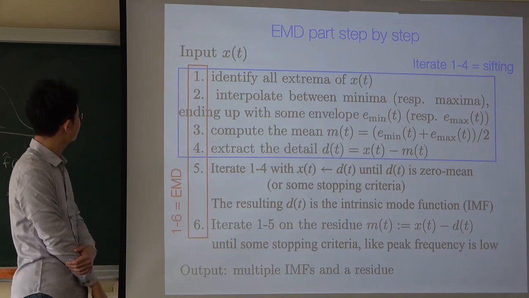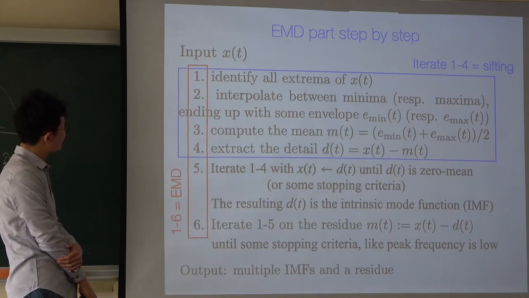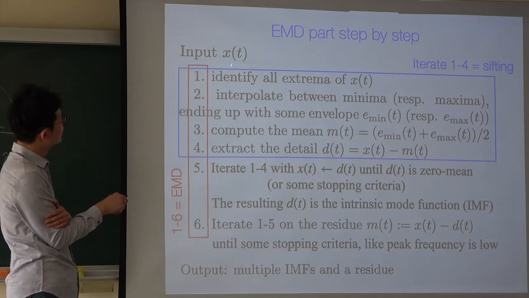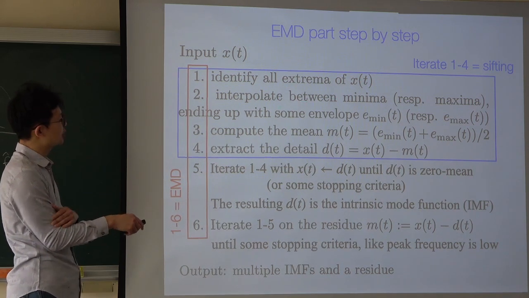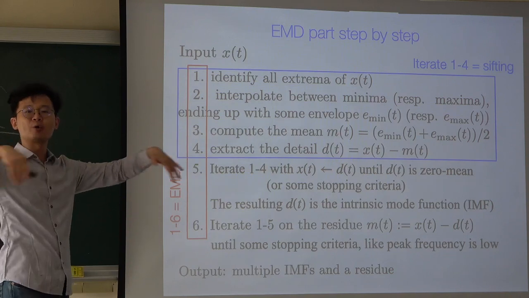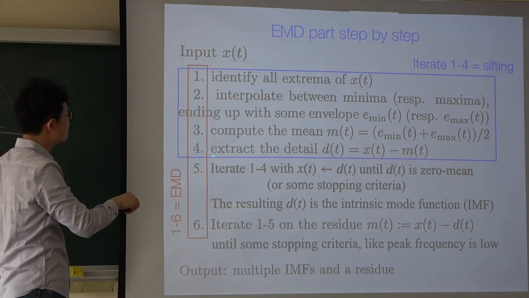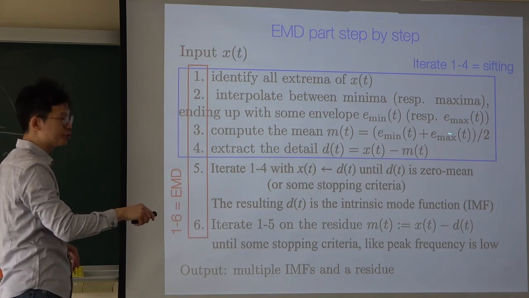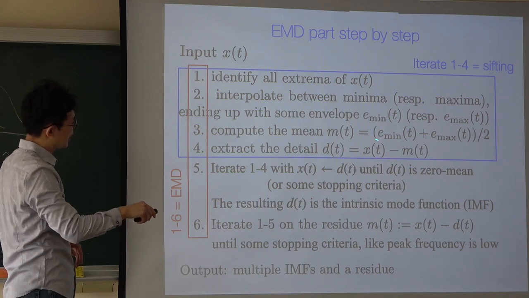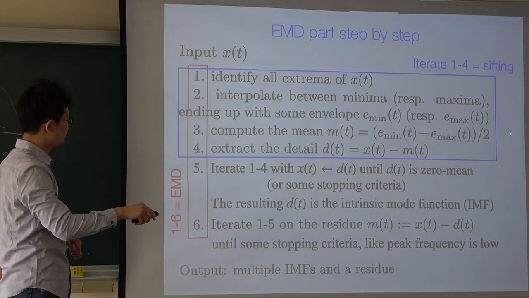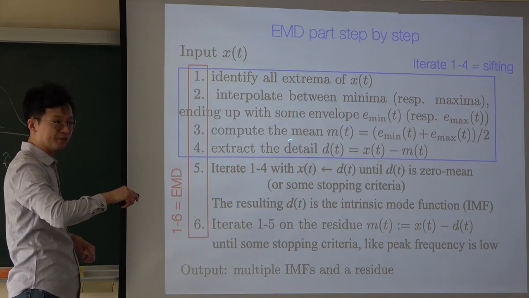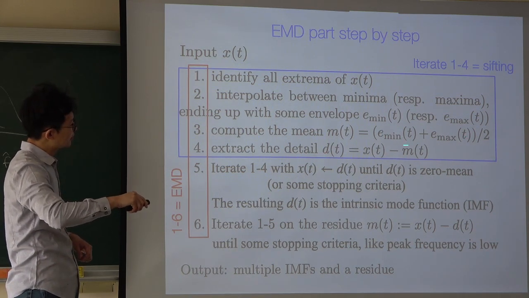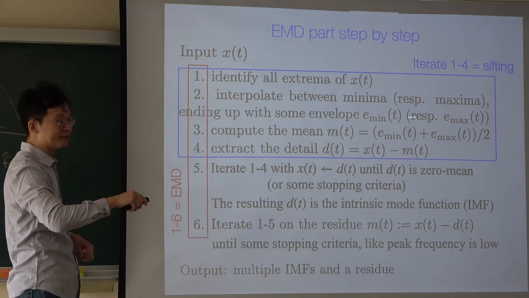The step-by-step idea is the following. You have input function x, then you identify all extrema, and you do interpolation to get the upper envelope and lower envelope. And you find the mean, which is the mean of the upper envelope and the lower envelope. Then you extract the detail. What is detail? You can imagine that this mean will be a low frequency component.